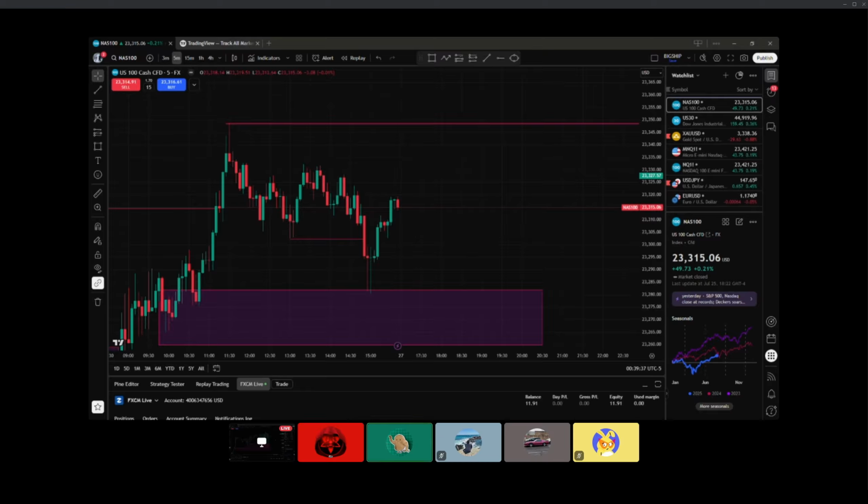I did 5 minis each time, taking partials along the way. I'd sit there and wait for an A+ setup. Then I'd enter and take partials along the way, shooting for 50 to 100 handles. But I've been doing this for a long time at this point, so I have more understanding of it compared to someone that's new to learning ICT.